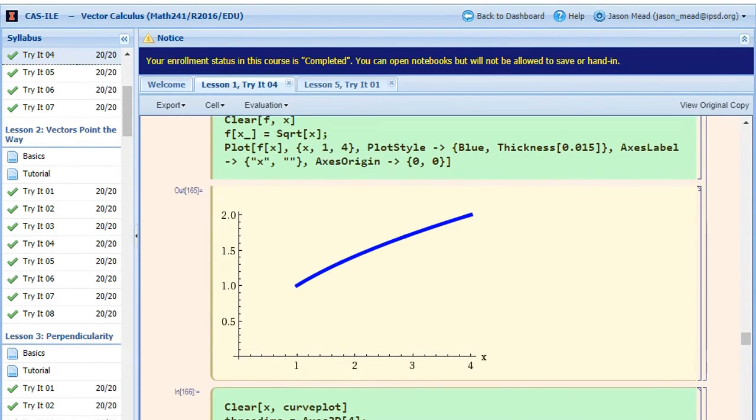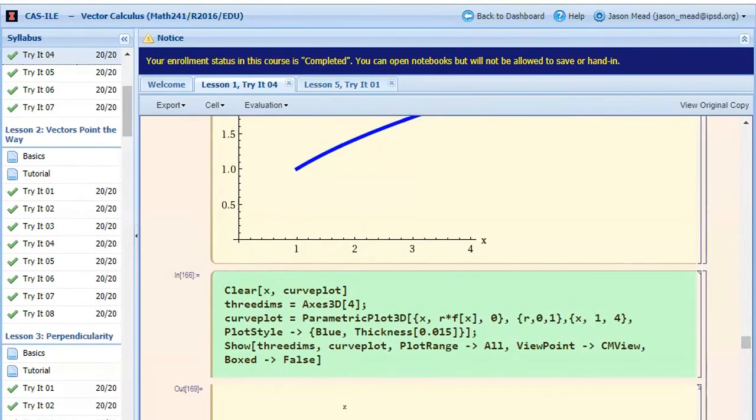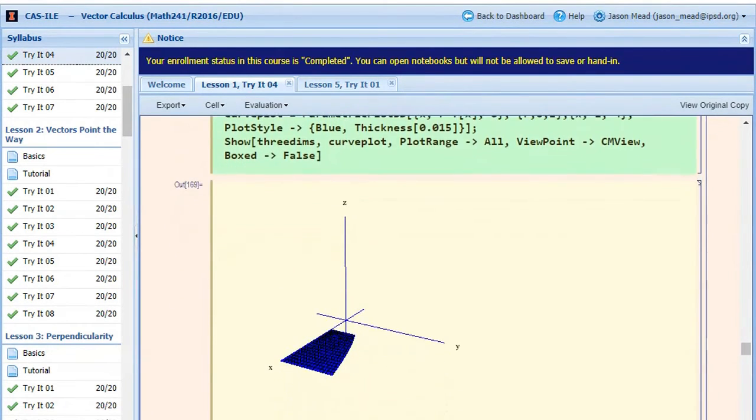Now, in order to revolve that around the x-axis, remember what we're doing is we're taking that area from the square root curve to the x-axis, and notice that when I graph this in 3D, x and y are flat on the ground and z's going up.